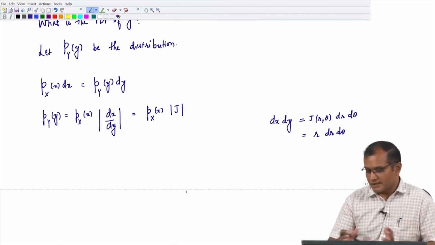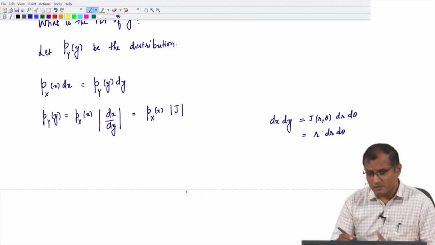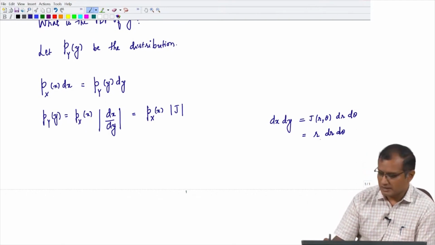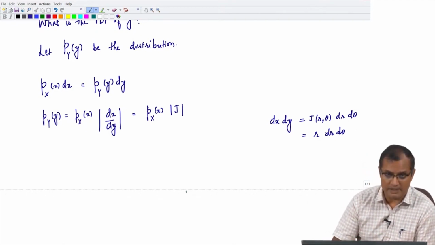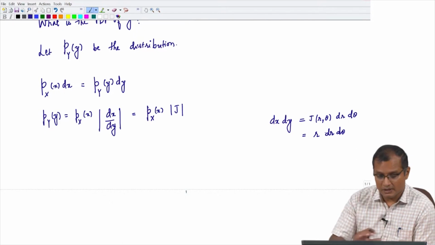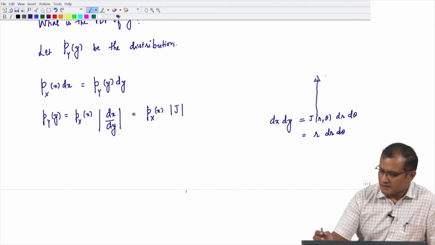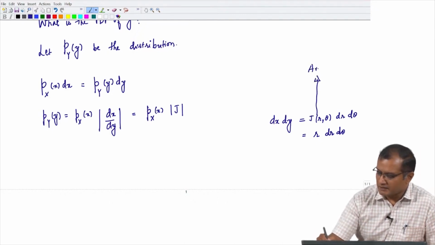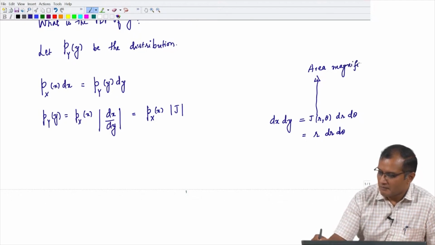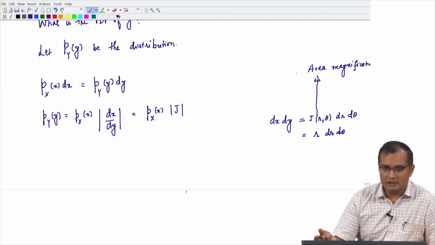In this case the Jacobian is not unity, it is r. So, you can also call the Jacobian the area magnification factor. So, this is the two dimensional argument.